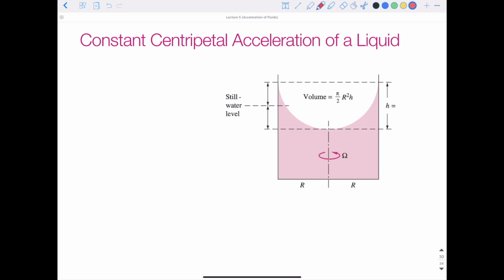And we can do that the same way as we've done with a linear accelerating fluid, by finding an equivalent volume. We're not having any changing volume. So we can apply this analysis in the same sort of manner. And it's important to note that this analysis applies to cylindrical containers only.